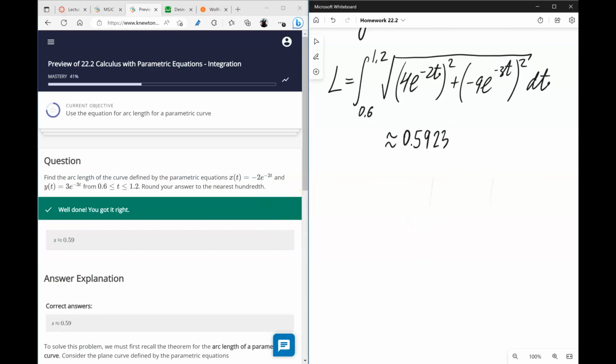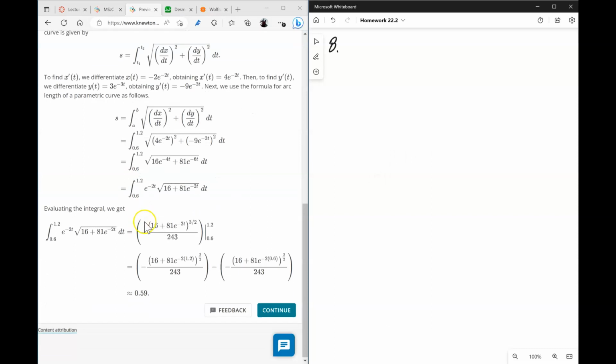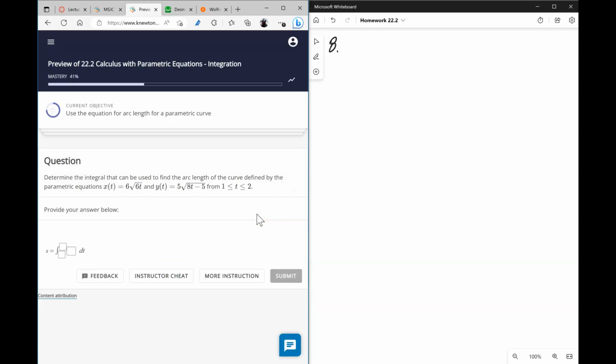This was question number 7. I guess we could have done it by hand, but that's not the point of this problem set. Here we're doing what?